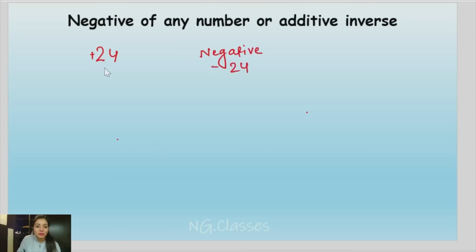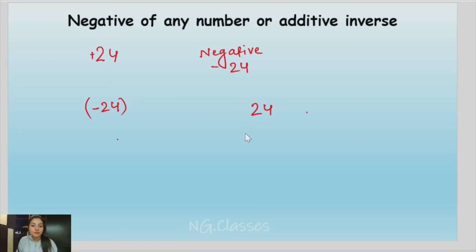What I am doing is writing the same number, 24, and just changing the sign, writing it with the opposite sign. If I have minus 24, what will be the negative of minus 24? The negative of minus 24 will be positive 24.